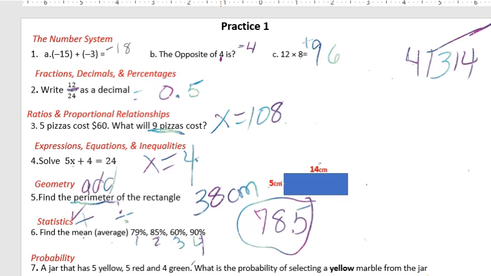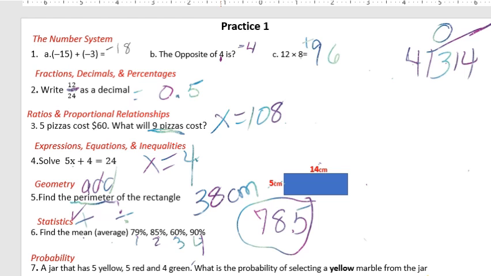I'm going to ask myself, I'm starting with 3, is there a multiple of 4 that is 3 or less than 3? There's no multiple that's 3, but there is a multiple that's less than 3, and that is 0.